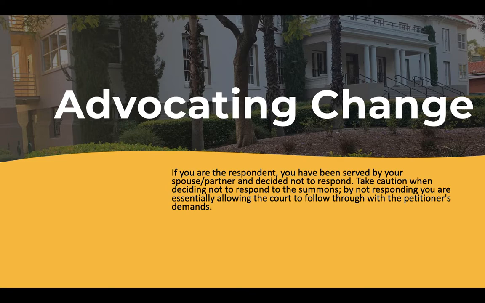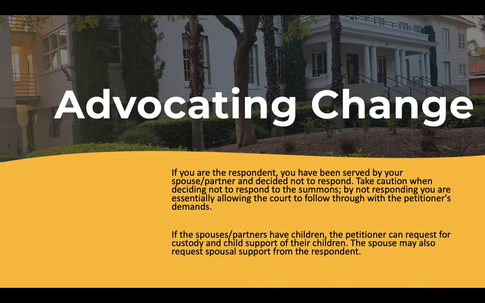Take caution when deciding not to respond to the summons. By not responding, you are essentially allowing the court to follow through with the petitioner's demands. If the spouses or partners have children, the petitioner can request custody and child support of their children. The spouse may also request spousal support from the respondent.